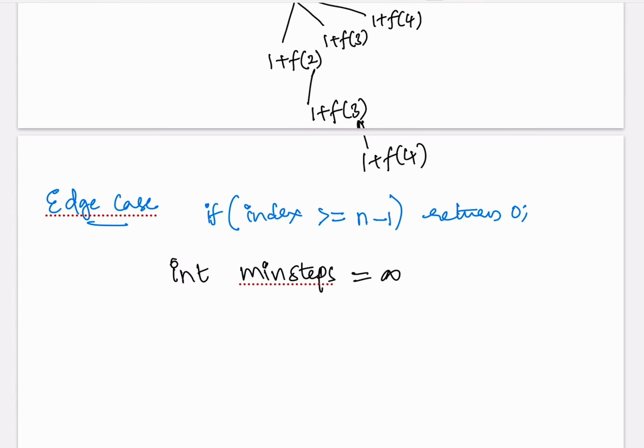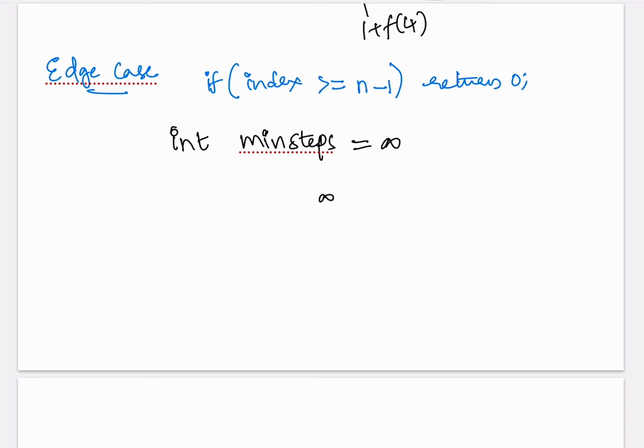When you are comparing with this, indexes, let's say new indexes which are generated from 0, and this minimum steps.